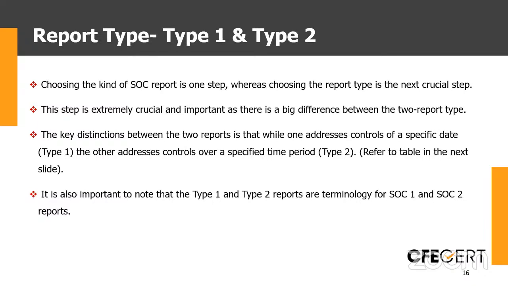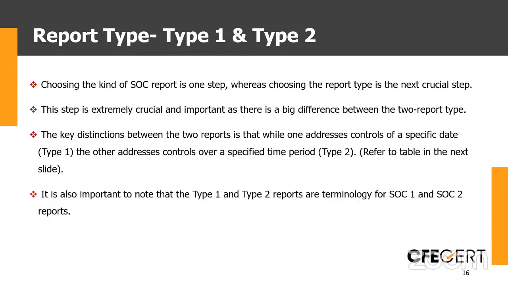Section 2 is the management assertions, which is a written representation which the management of the service organization provides. And section 3 is a very detailed section which has the description of the service organization's IT infrastructure, like the network diagrams, the organization chart, various IT applications, and many other things. Then we have section 4.